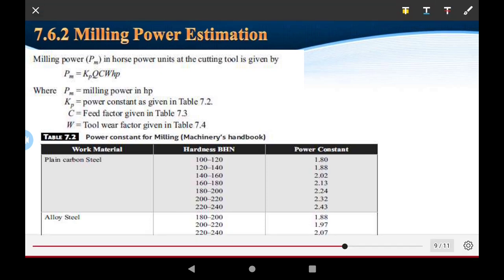Second are the alloy steels. The Brinell hardness number ranges are 180 to 200, 200 to 220, and 220 to 240.